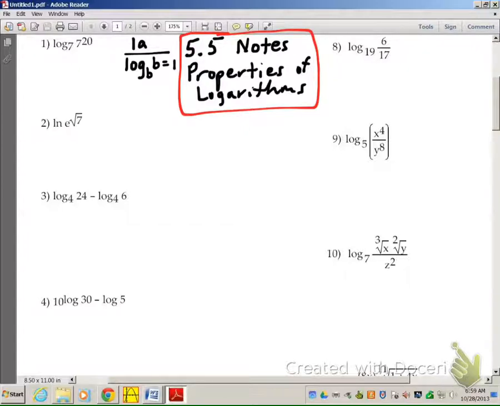Specifically, as we start on number 1 here, log base 7 of 7 to the 20th, we refer to property 1a, which states that the log base b of b is equal to 1. The one thing that doesn't get pointed out here is that the exponent of that b in the argument is 1, and that's why that's a 1.